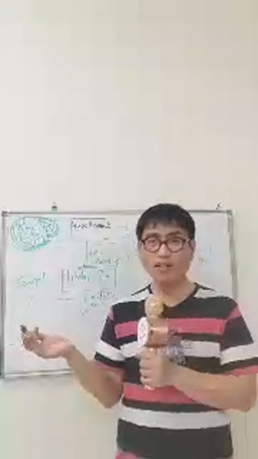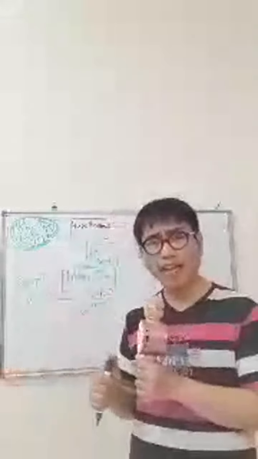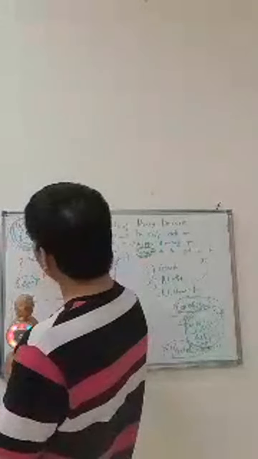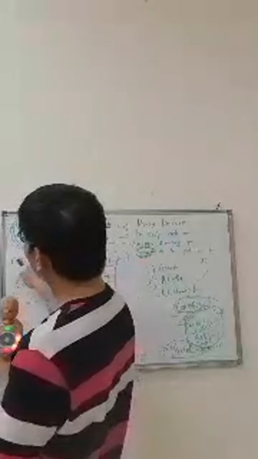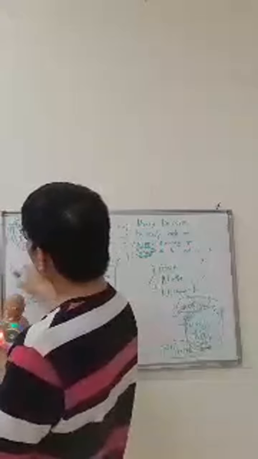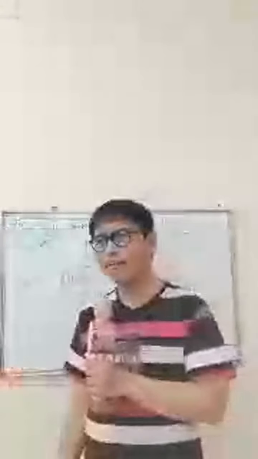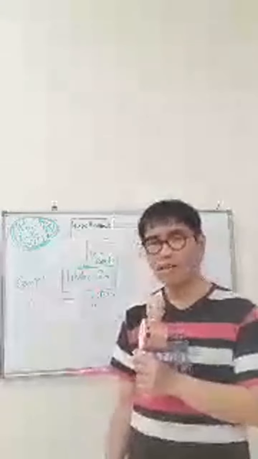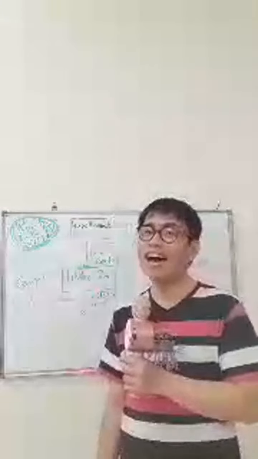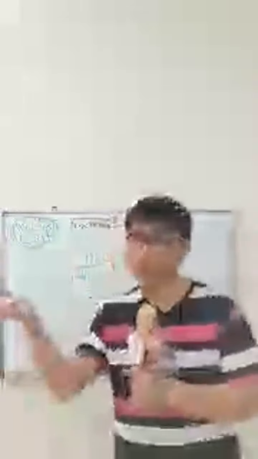Protein is composed of an amino group and a carboxylic group, RNH2 and COOH. So carboxylic, carbonyl group, alkyl group, and amino group. So that is a protein. And it is basically the building block of life, right? Protein, just like building a house, a concrete house, or a church, bridge, or whatever.